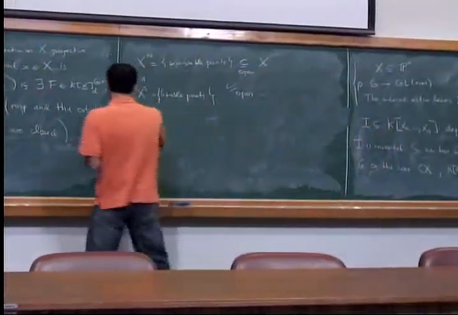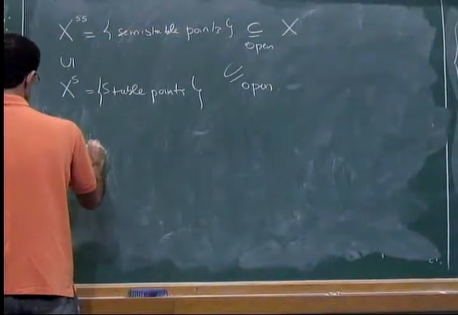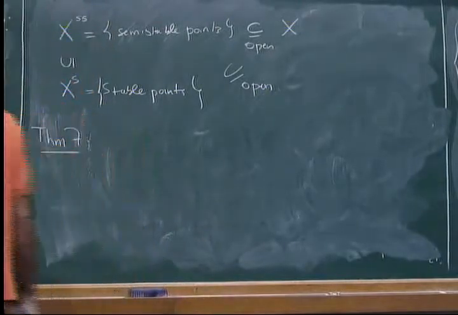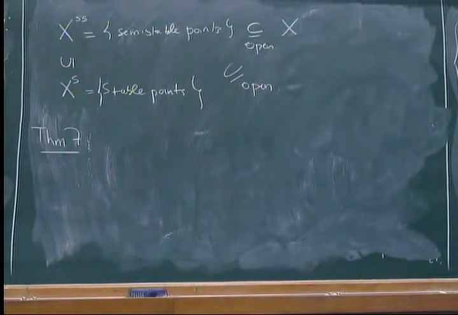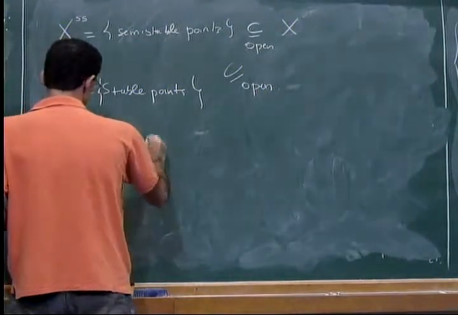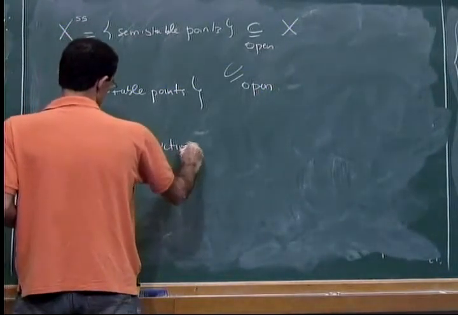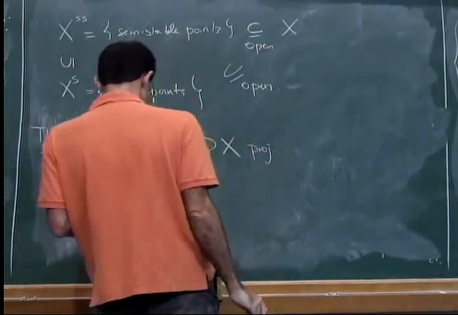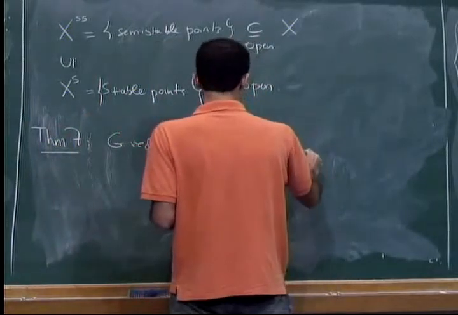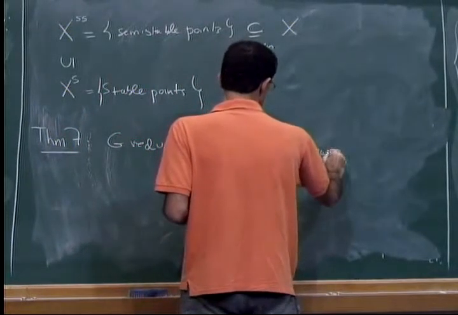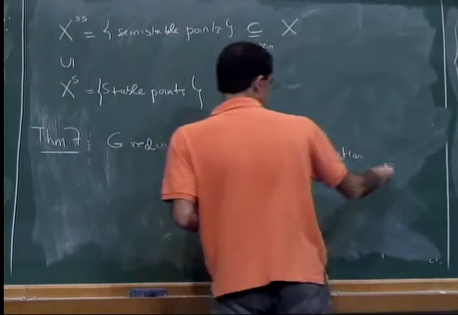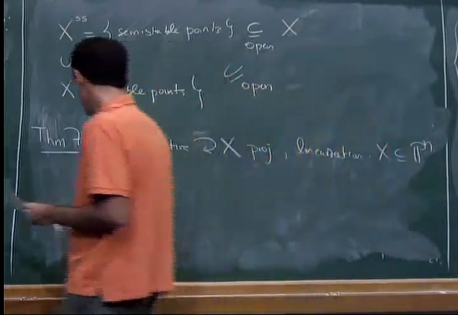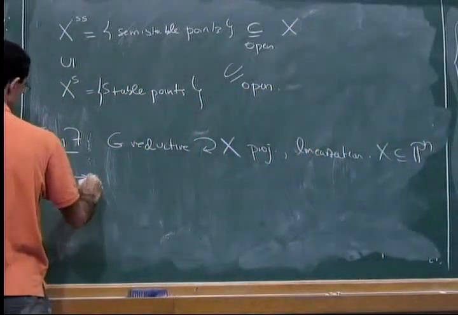So the theorem is, well, the same statement here. So G reductive, acting on something projective, right? Assume a linearization. So that's an embedding into Pn with the corresponding linear transformation.